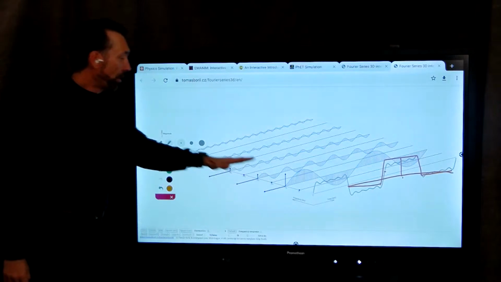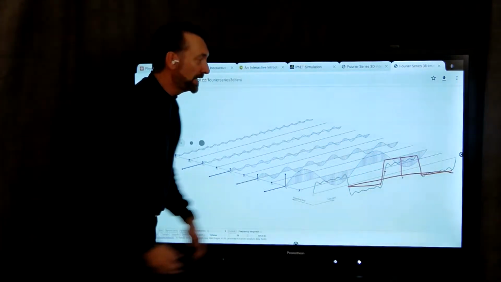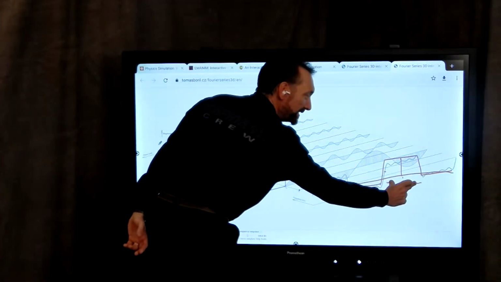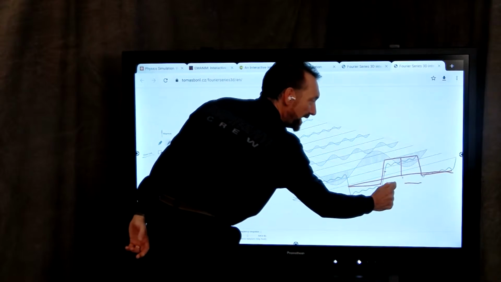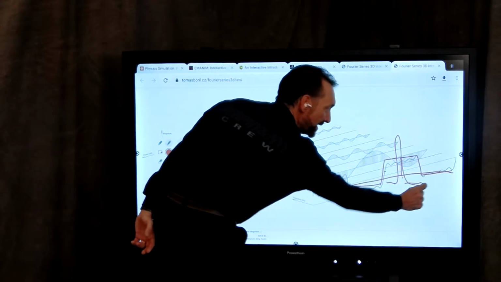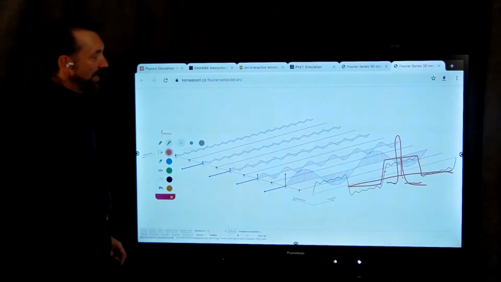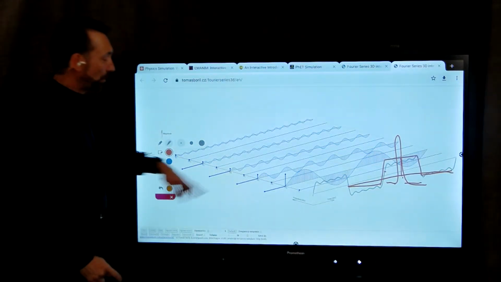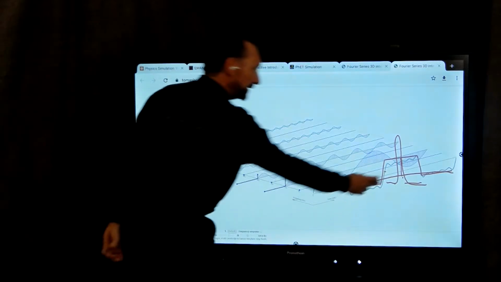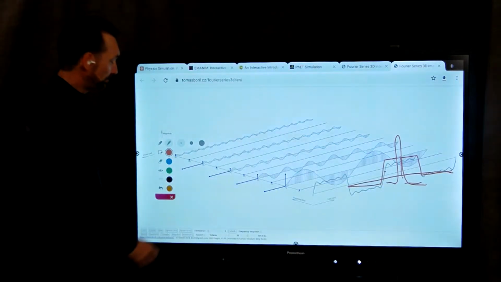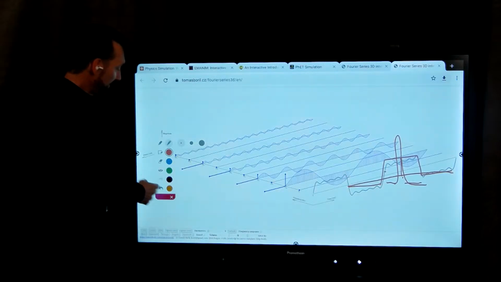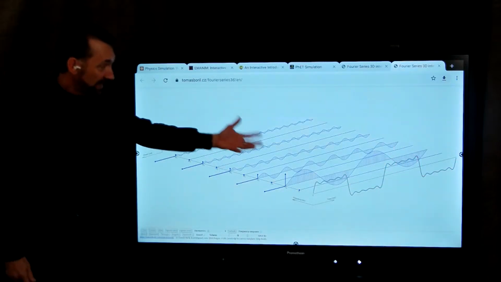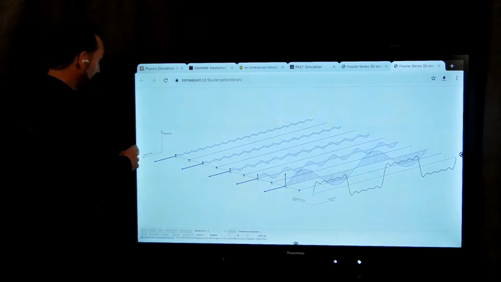More waves gives me more constrained, and I can even start to squeeze this together and get a very constrained wave if I keep adding more wavelengths. So add a bunch of waves together, and I can constrain my wave. That's the take-home lesson, this picture.